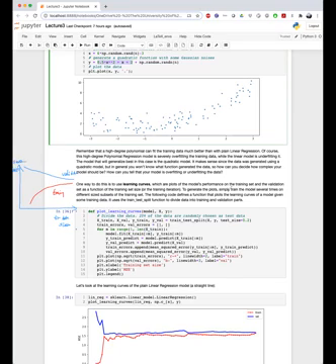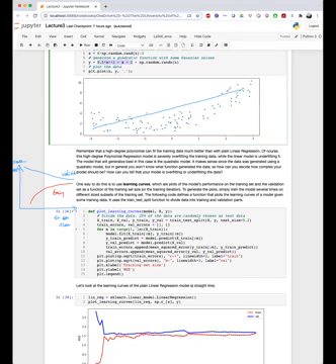We'll use this example here to illustrate 3 different cases. The first case is we use just a linear model, and we know the linear model is underfitting, because it's too simple. It doesn't represent this quadratic form.